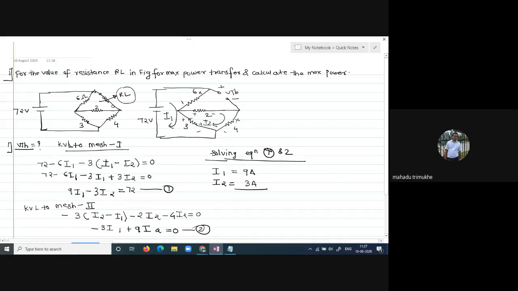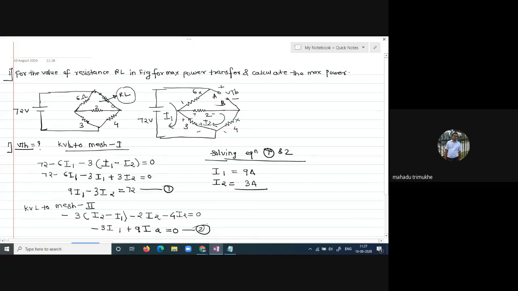Okay, then you get I1 and I2. Then what is our aim? Our aim is to calculate VTH. So writing the VTH equation at the open side terminal at points A and B. Where are A and B? Here. Suppose we are doing points A and B here.